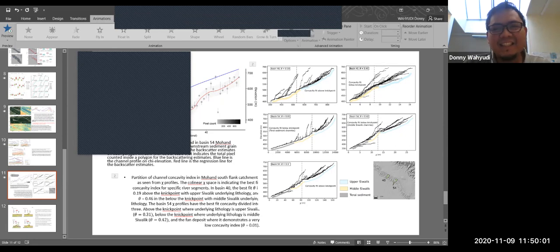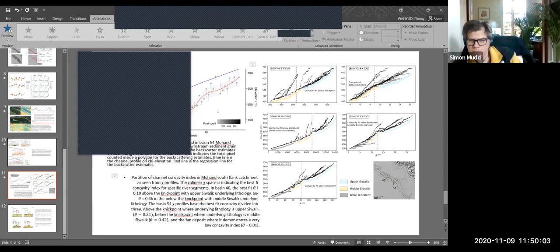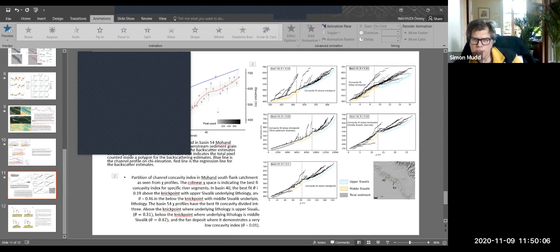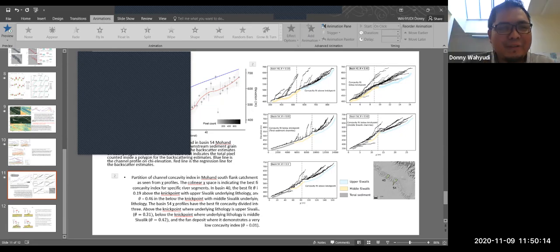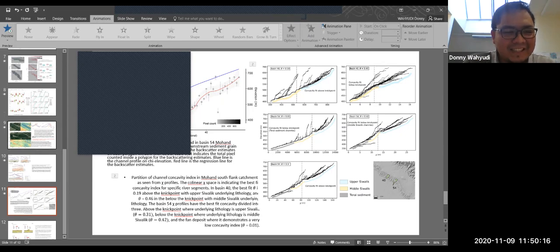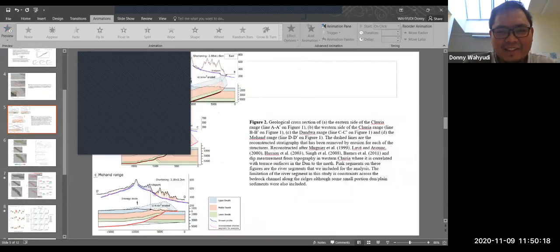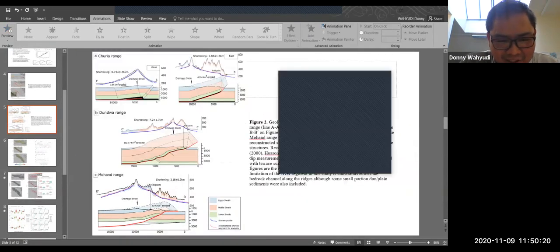Okay. Donny, having seen this, are the nick points also located at the transition between the two rock types? In these images you've shown right here, the nick points seem to be located at the transition between the two rock types. Yeah, I tried to look for that. If we look at this cross section, the nick point is actually not located on the boundary between these two rocks.